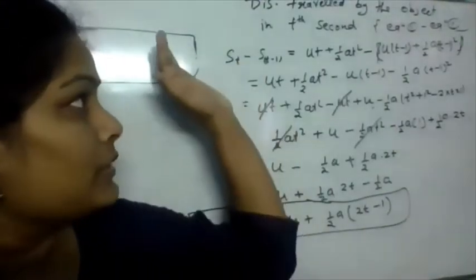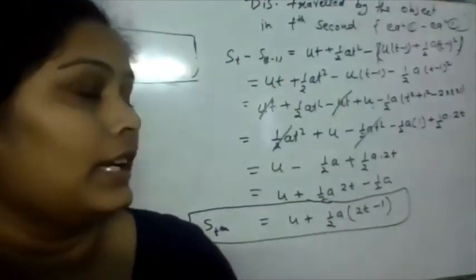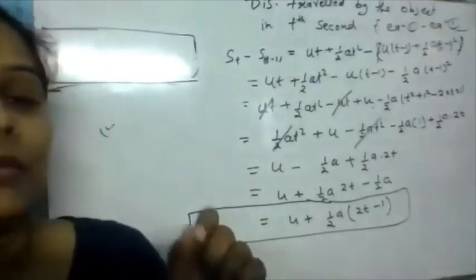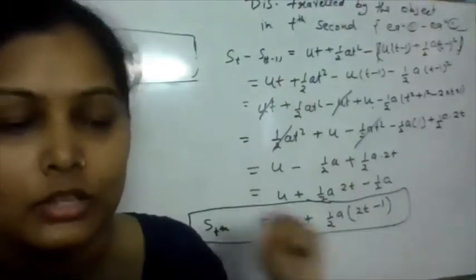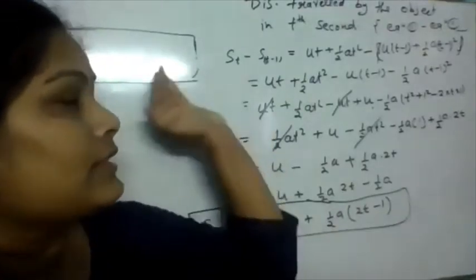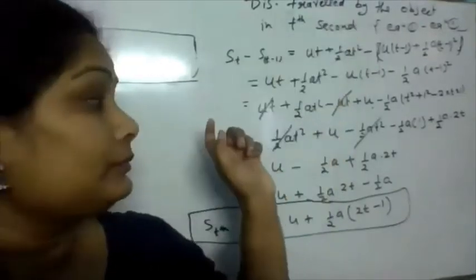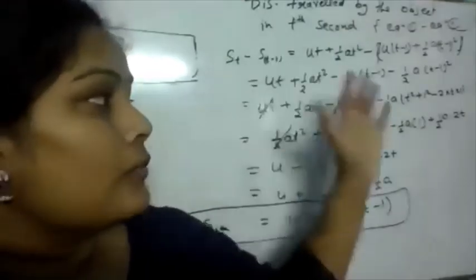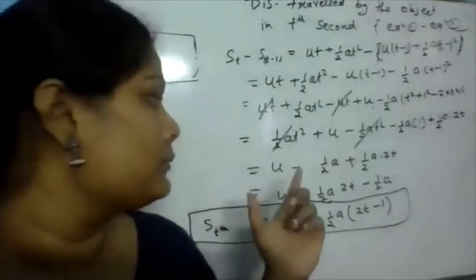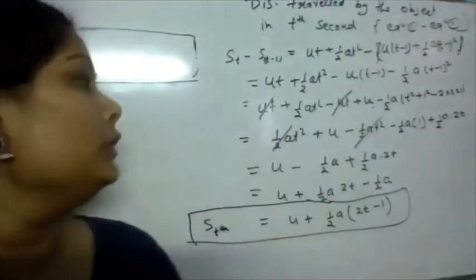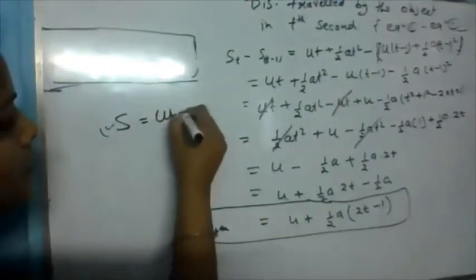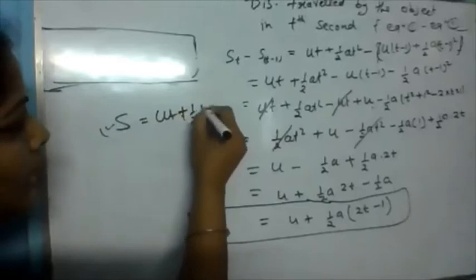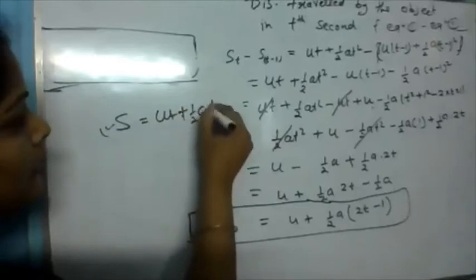So I'm just repeating this proving once again. Here I'm talking about the distance which is covered by the object in a particular second. So just write the equation of motion that an object covered this displacement after t seconds. Second equation of motion, s equals ut plus half a t square, right?